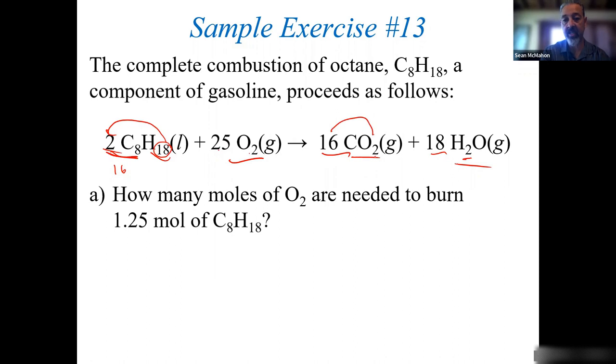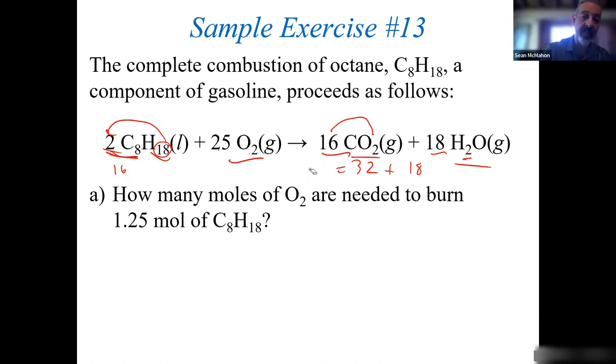So 16 times the 2 here is 32, oh, I'm sorry, I said 34, 32. I'm tired. 32 plus 18 is 50, and that works. So this is balanced.